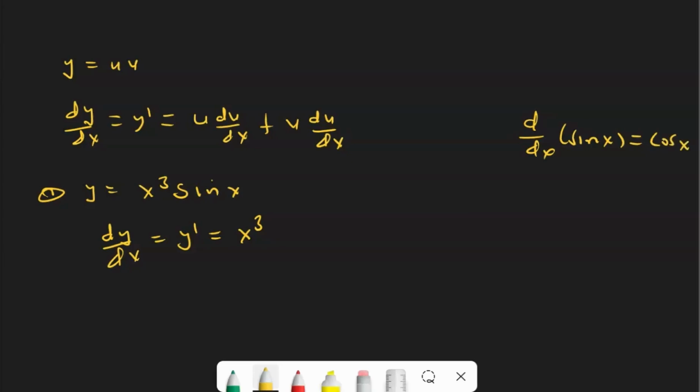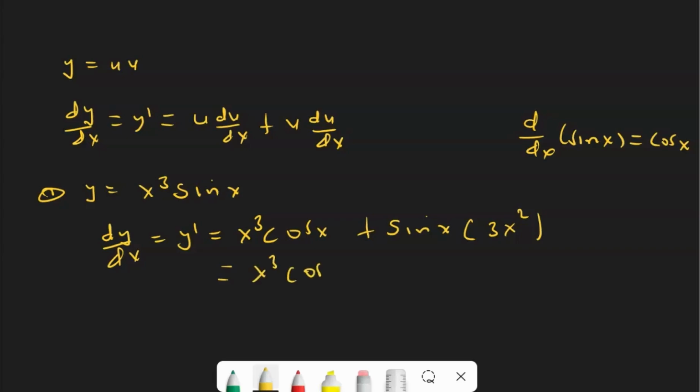So that means derivative of sine x is cos x, plus we put down the second function, which is sine x, then you multiply by the derivative of x cube, and we know derivative of x cube is 3x squared.